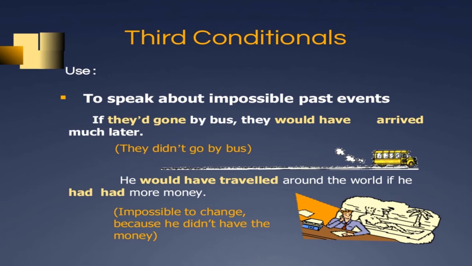Now, he would have traveled around the world if he had more money. So now we have the main clause at the beginning and the if clause at the end, and we are talking about something impossible because he didn't have the money.